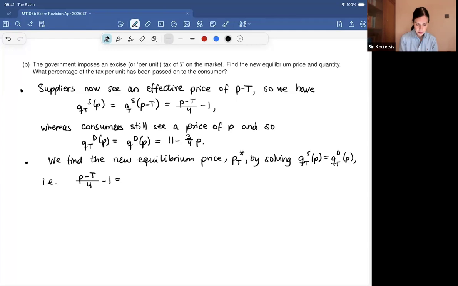In other words, we need to solve this equation.